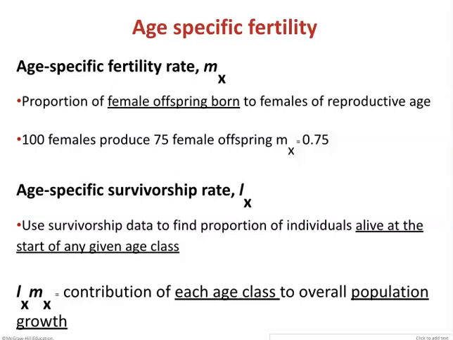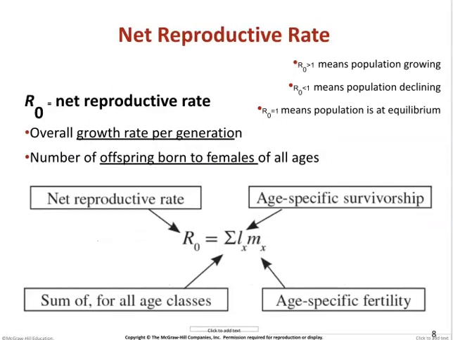The age-specific rate of survivorship is going to be how many people are alive in each given age class at any given time. And that will lead to each age class's contribution to population growth. The reason we use these ideas is to calculate the reproductive rate of a population.